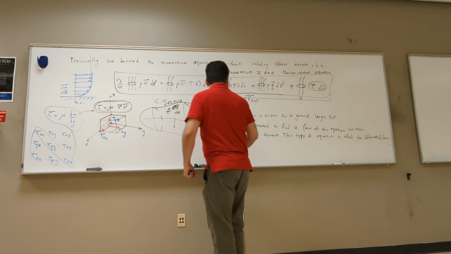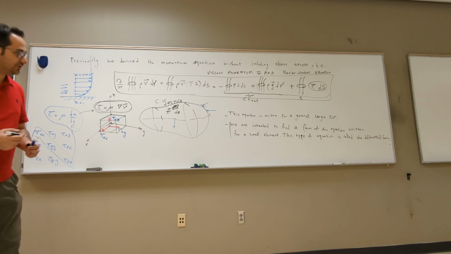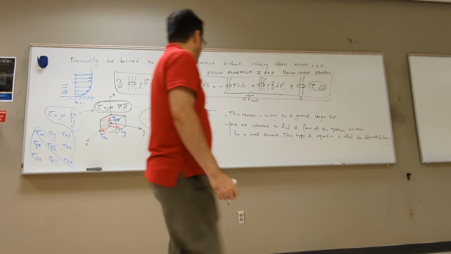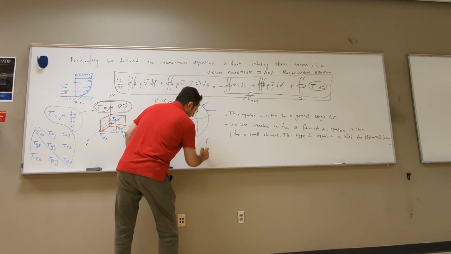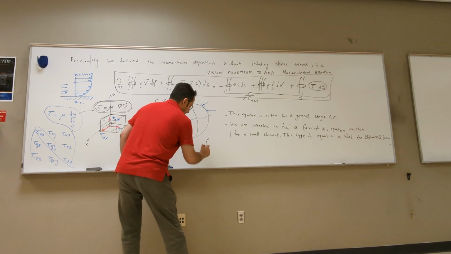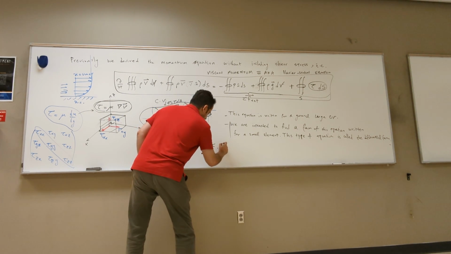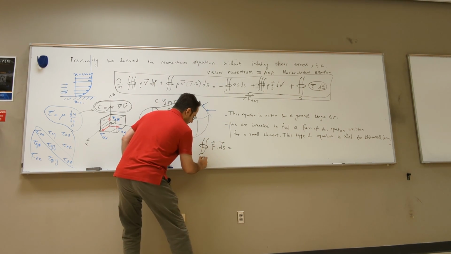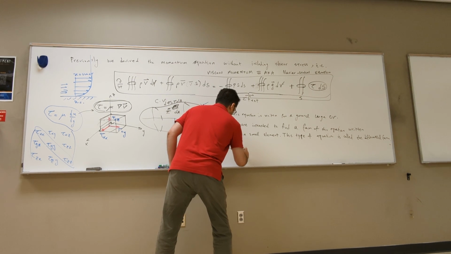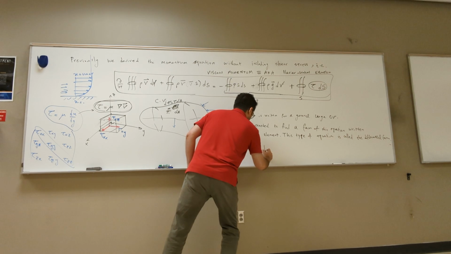So in order to get the differential form, obviously we can use the divergence theorem. Let me write the divergence theorem one more time here. The closed surface integral of f dot dS is equal to the closed volume integral of divergence of f dV.